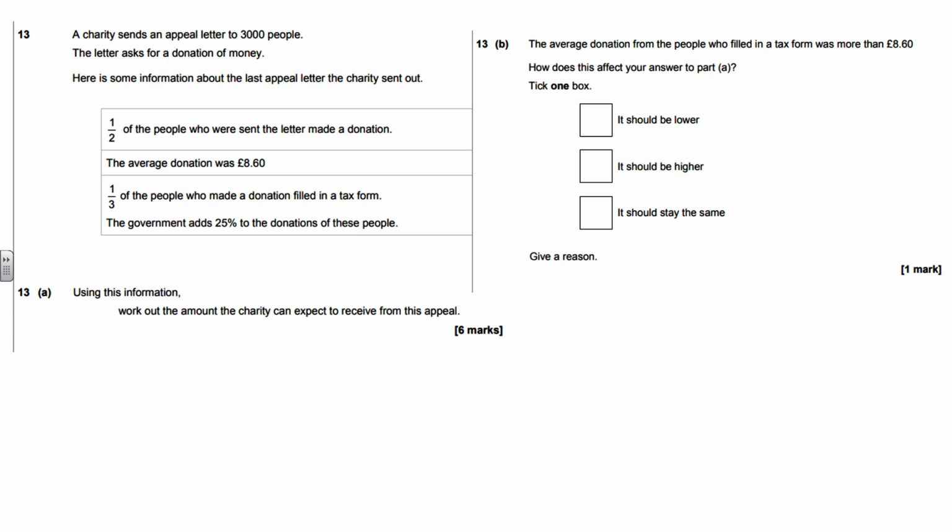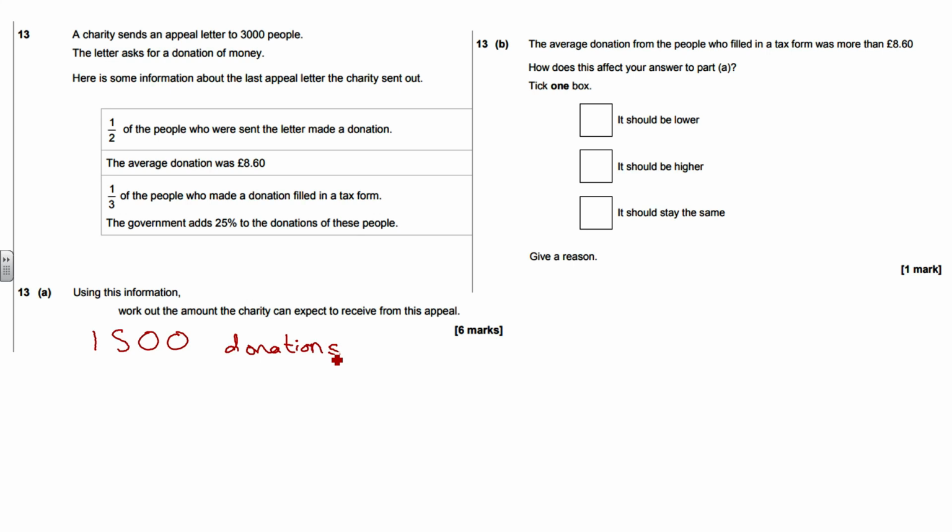So if we assume that all of these things remain constant, then we can expect 1,500 people to make a donation. Now, on average, they're making an £8.60 donation, but 1/3 of them will also fill in the tax form and get an extra 25%.